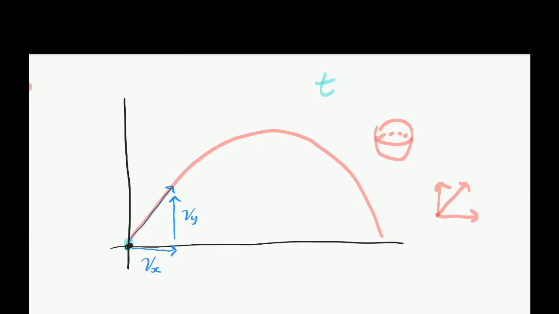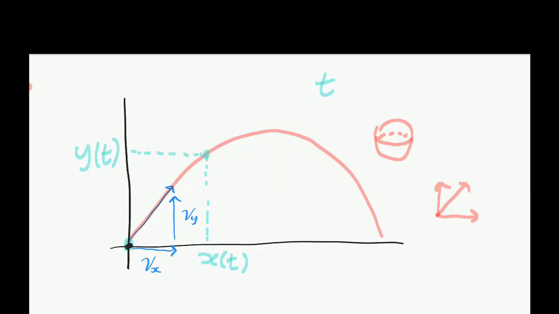And then at any given time, there's going to be an x coordinate to where the ball is, and there's going to be a y coordinate to where the ball is. And as we change this time t, the ball's going to move along its trajectory, which you may have guessed is going to be a parabola, but we'll get to that later.